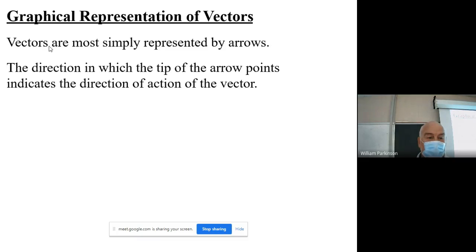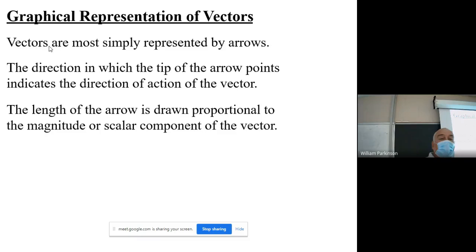So importantly also is the length of the arrow. The arrow is drawn proportionally in length to the scalar or magnitude of the action. So if you have two velocity vectors and one is 1 inch long and the other is 3 inches long, then you know number one is going at 1/3 the speed.